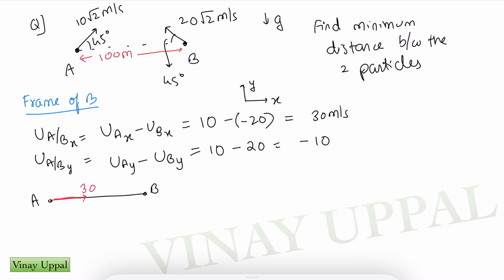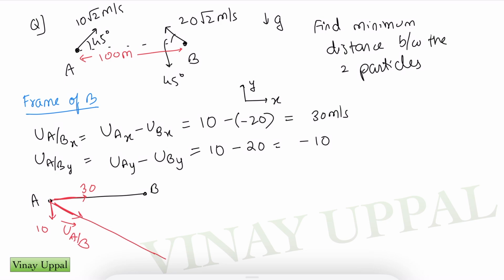The y component is negative 10. So the resultant velocity is going to be somewhere this way. This is the initial velocity of A with respect to B. So in the frame of B, A is going to perform straight line motion along this red path. Also remember that the speed is going to remain constant for A in the frame of B, because the acceleration of A with respect to B is 0.